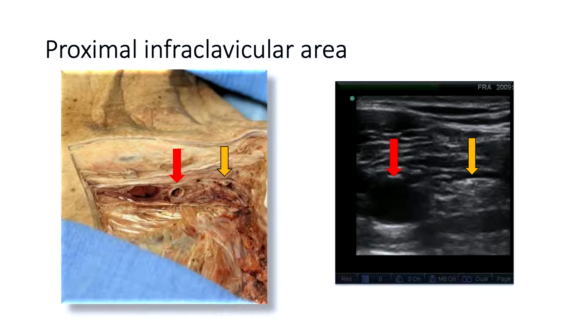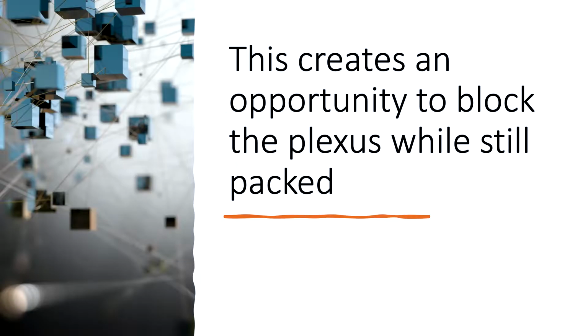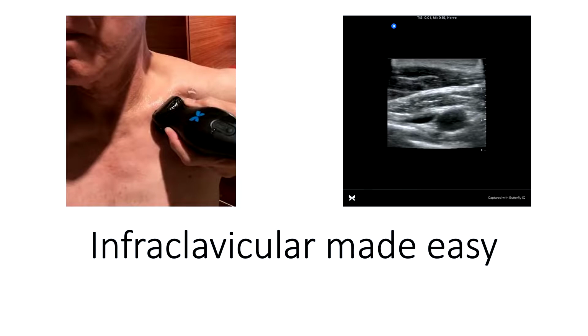So if you were looking for a place to put an infraclavicular catheter, putting it into this package, as opposed to dealing with the cords that are surrounding the artery, makes a lot more sense to me. And when I created it, I called it proximal infraclavicular.